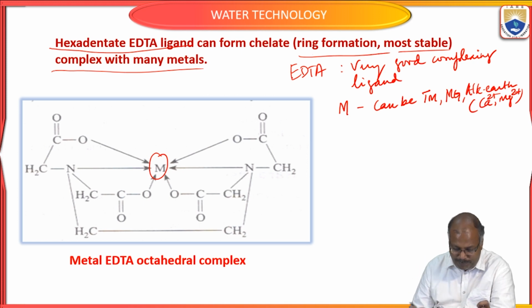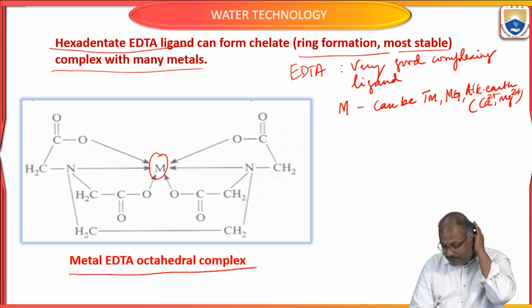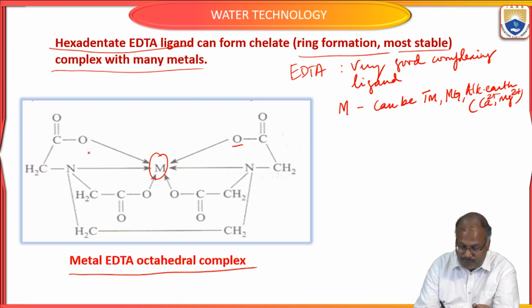So this is an example of a metal octahedral complex. How one EDTA ligand can form this complex with 6 atoms. For example, as shown in the previous slide, 4 oxygen atoms from 4 acetate ions, O minus ions, and lone pairs from nitrogen can bind with the central metal atom.